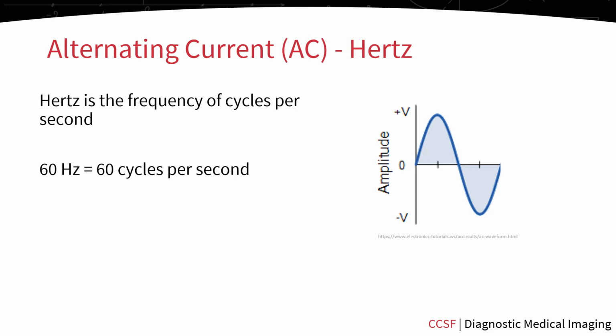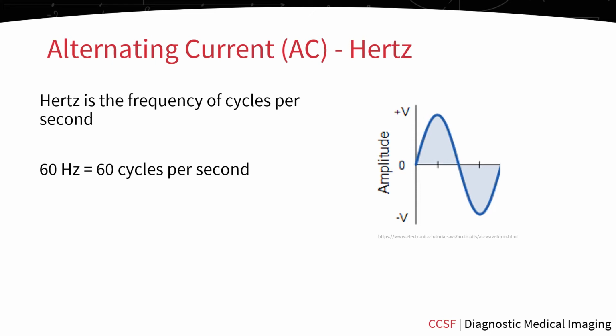Like everything else in science, we're able to measure how often the current fluctuates from positive to negative. The unit of measurement we use is the Hertz, which is the frequency of cycles per second. To understand what a cycle is, look at this picture.